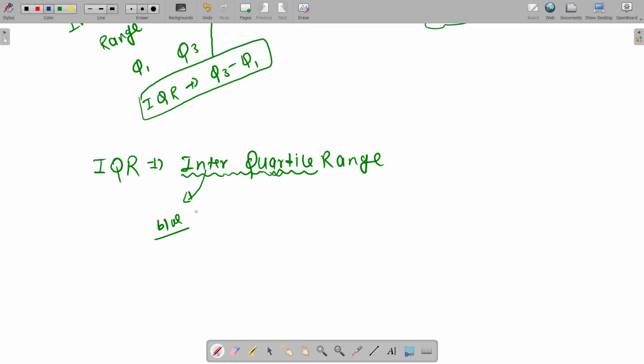And what is the meaning of range? Range means difference. So interquartile range means the difference between the first quartile and the third quartile.